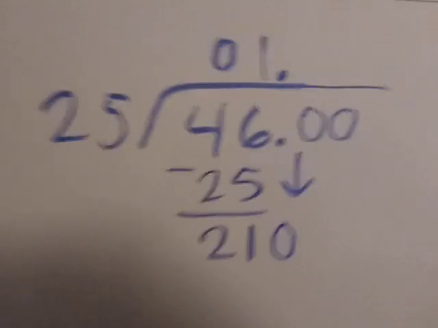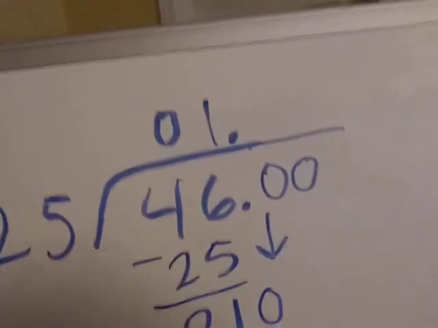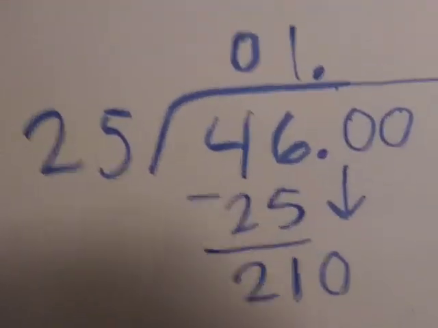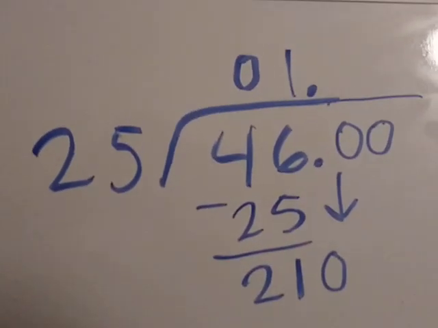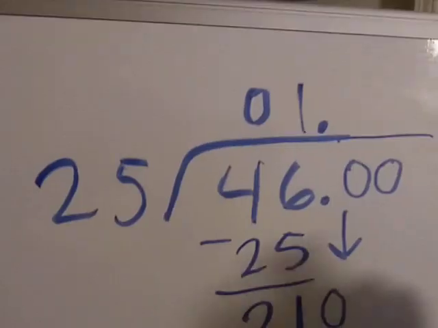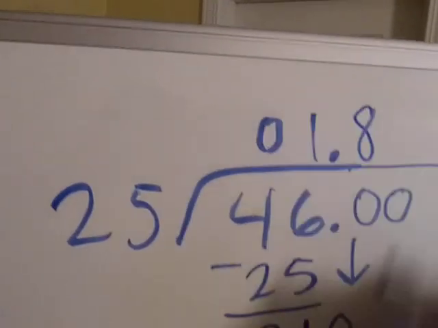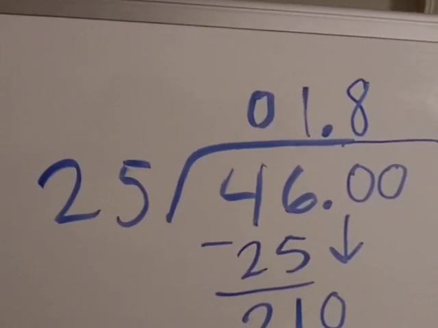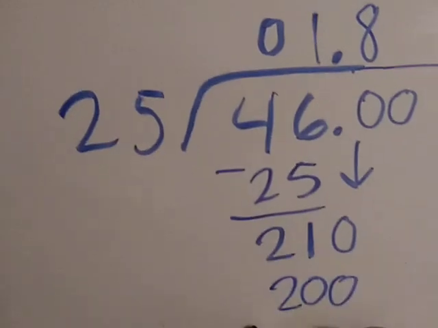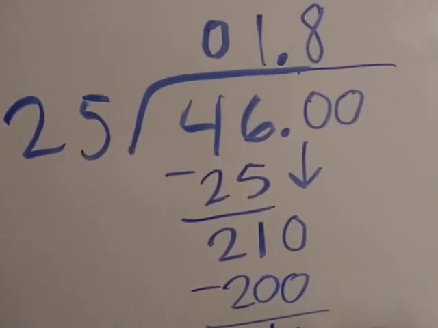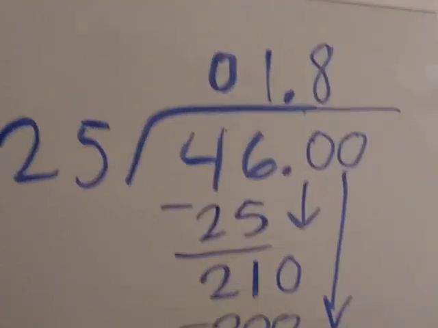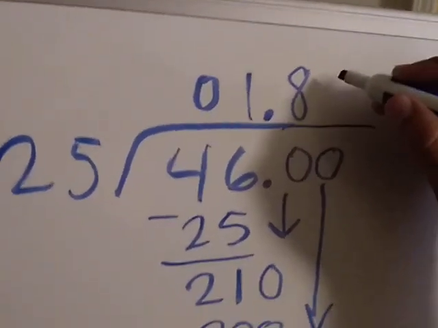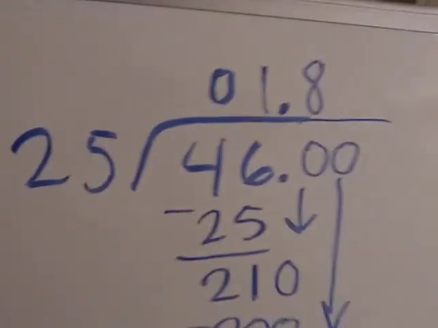So now we're going to divide 25 into 210. Let's think of it, for the sake of this problem, as quarters. So there are a total of 8 quarters in $2. So that gives us 200 pennies, or 200. We subtract and we continue bringing down that 0, and how many times does 25 fit into 100?